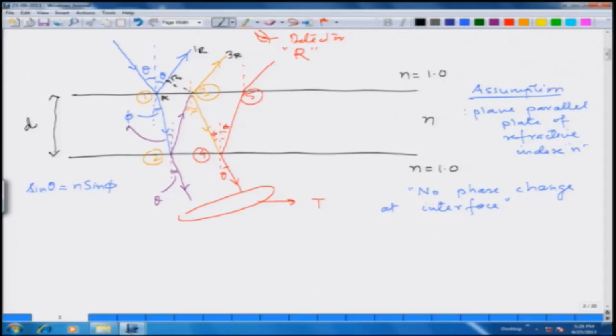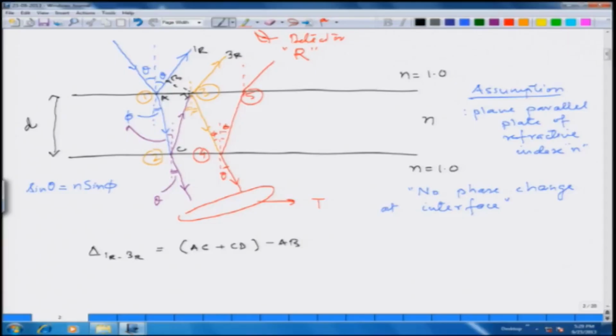So, basically, let me make some marks here, this is going to be C and this is going to be D. So, the path difference between 1R and 3R is going to be AC plus CD minus AB, right.